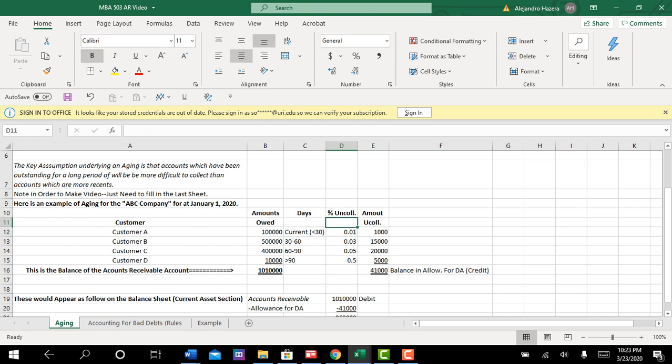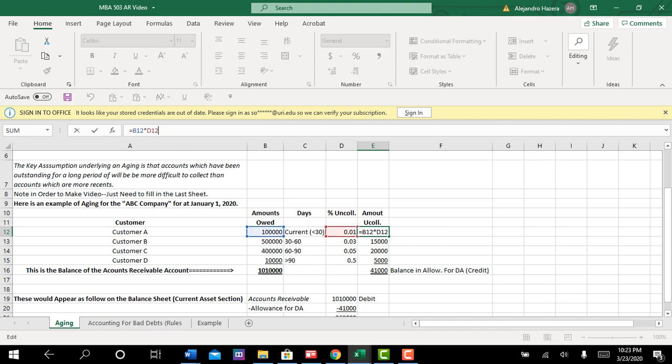So for customer A, who's basically current, based on collection history of similar customers, let's say we assume that 1% of the amounts will not be collected, because they're a good customer, and that's a pretty small percentage even in real life. So what we're doing here, and I want you to look at this formula here, is taking the amount due times our estimate of the amount that will not be collected.